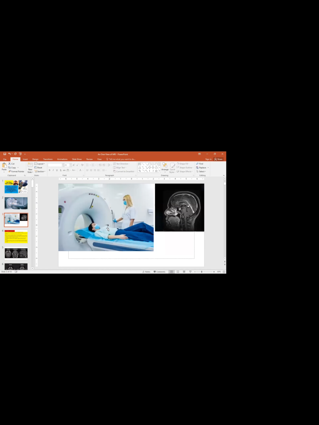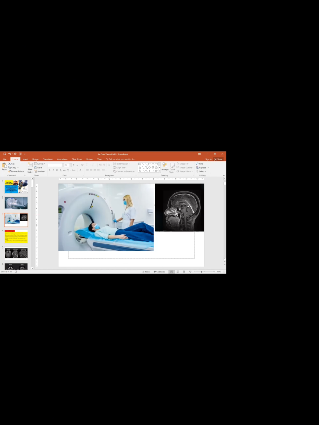Another machine containing a big magnet. You see, this is the patient couch, and this is the image on the side. We can have very good, beautiful imaging due to MRI.